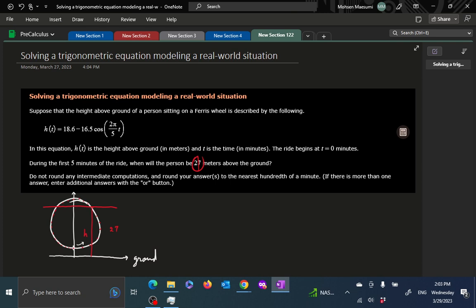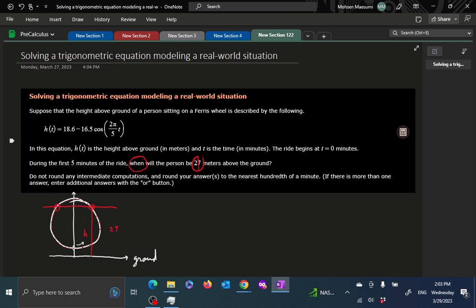It's asking us at what time do we reach this point? That would be our first encounter if we ever make it that high. Then we go around and come down again and pass through the same height again. So it's likely that the problem is going to have two answers, and we're going to find that.